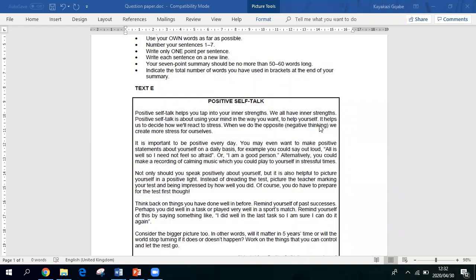Instead of negatively thinking about the outcomes of everything, rather think about the times that you succeeded in everything that you did, rather than the negative things that you did. Thank you, ma'am. Well done, Tabile. You were doing so well. I think the rest of the other sentences will be fine as well, but thank you for sharing, okay?